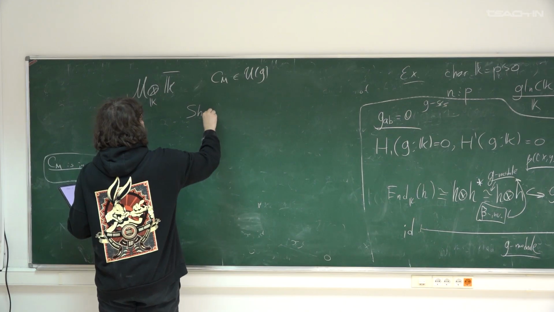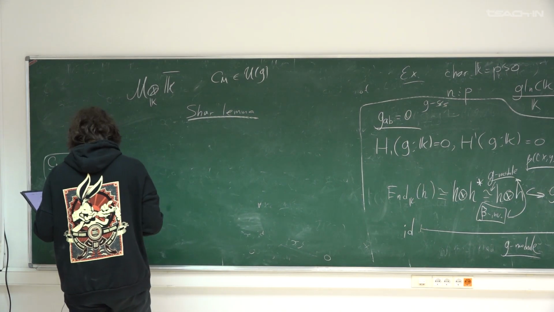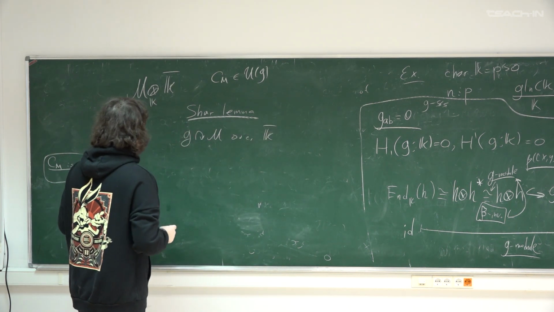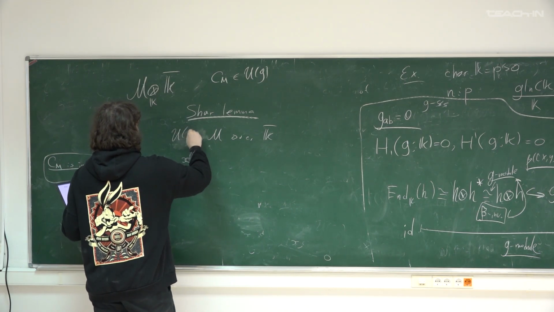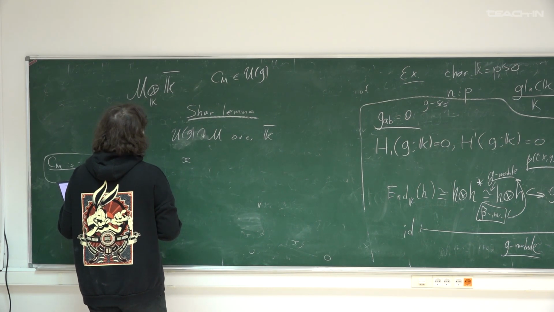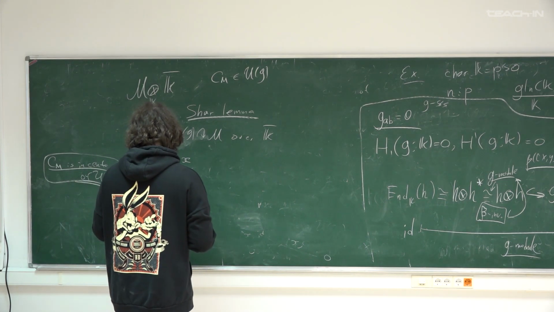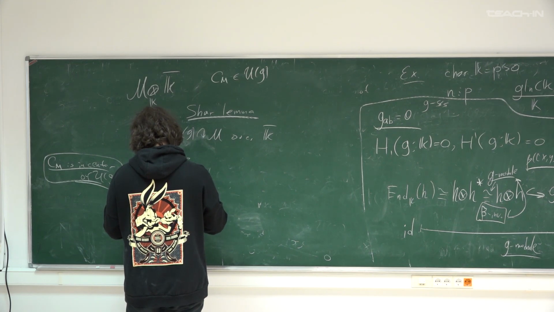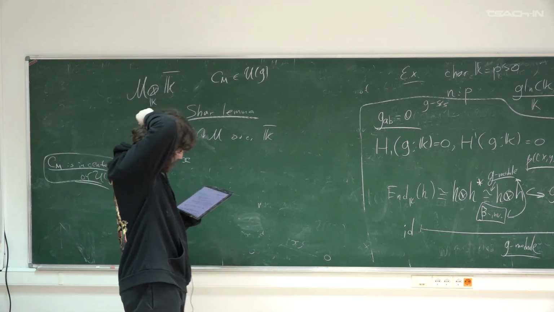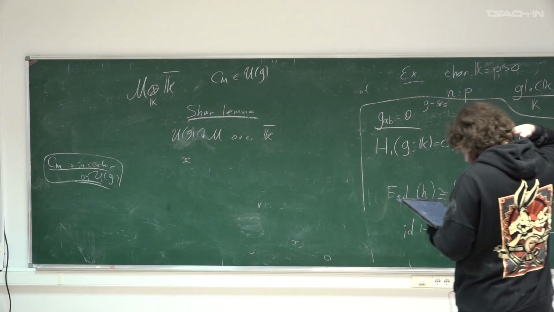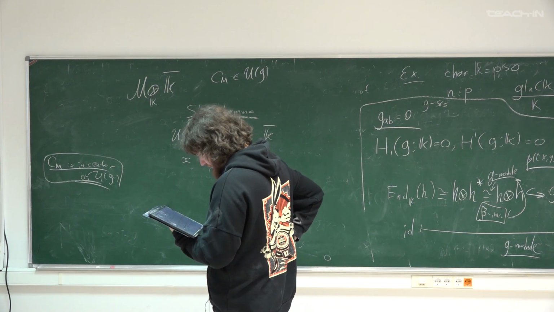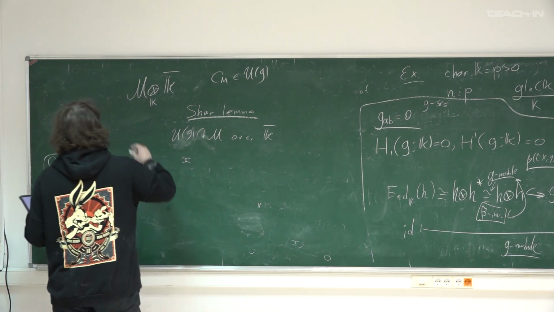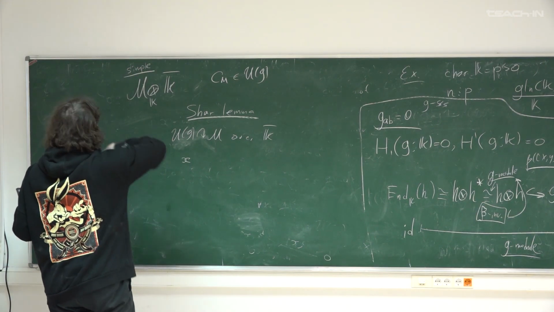Now we know the Schur lemma. Schur lemma says that if I have a Lie module over an algebraically closed field and some element x, if M is simple, let me say that M is simple.